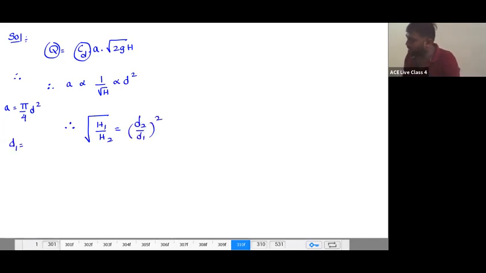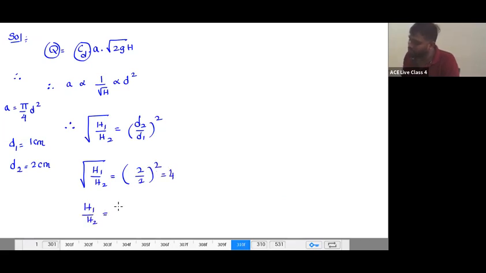D1 is 1 centimeter, D2 is 2 centimeters. So root of H1 by H2 is equals to 2 by 1 whole square is equals to 4. Then what is H1 by H2? 4 square, which is going to be 16.